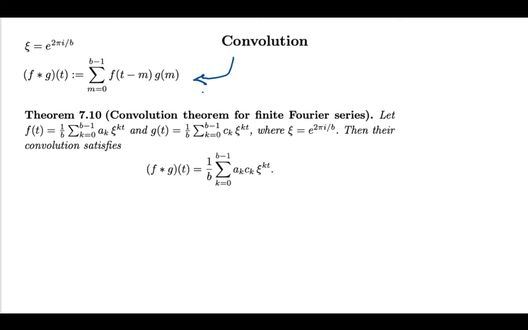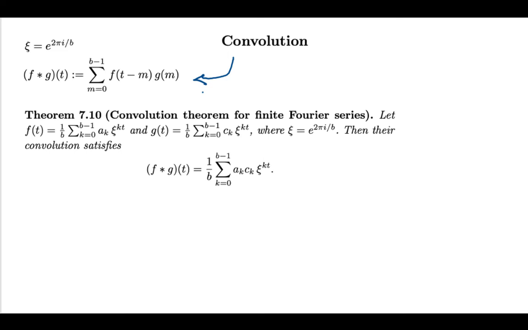And the point of this definition is really to make theorem 7.10 here work, and that is the convolution f star g is precisely the function that has the product of the Fourier transforms as the new Fourier transform.